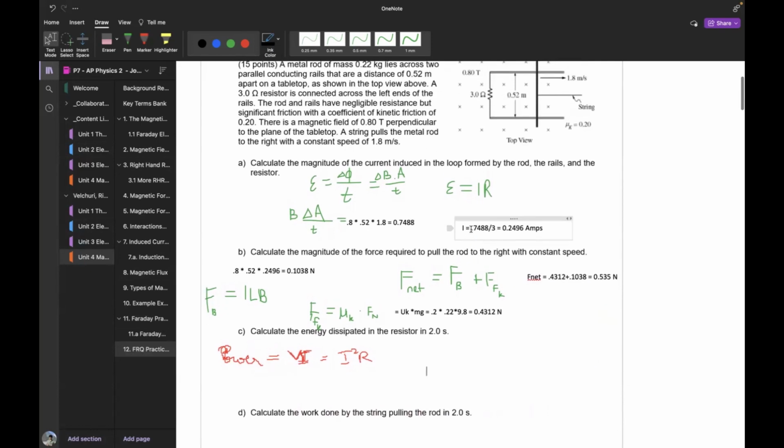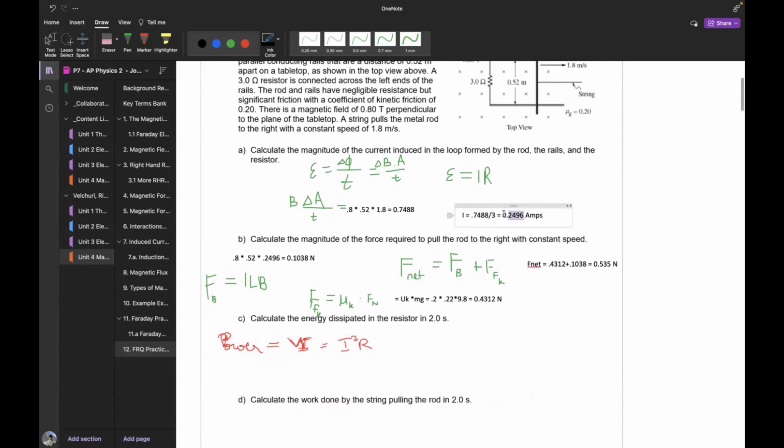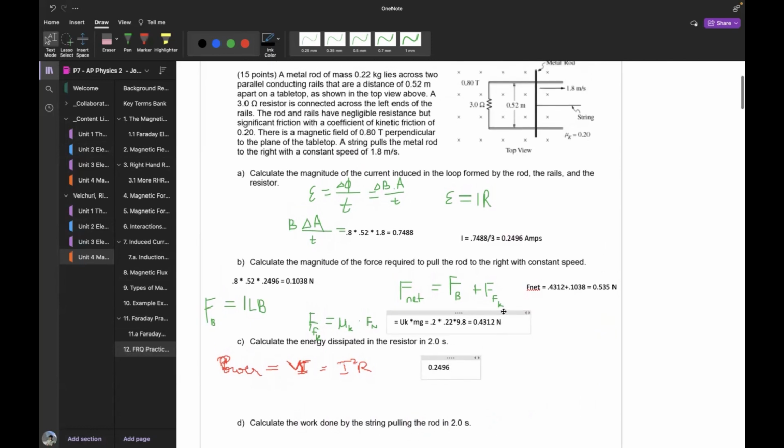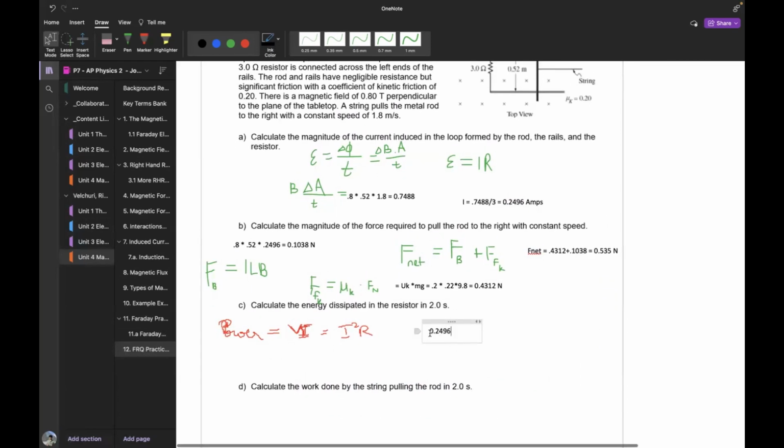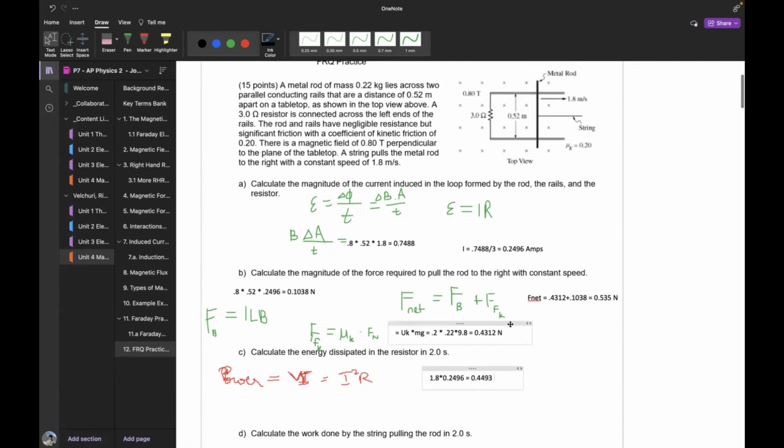So we have current. Let's just do, okay, so 1.8. One was the velocity, right? No, V is the voltage. Oh, sorry. Voltage is the induced EMF.